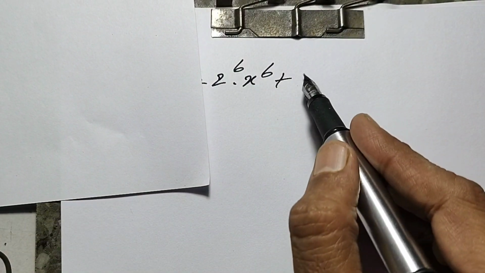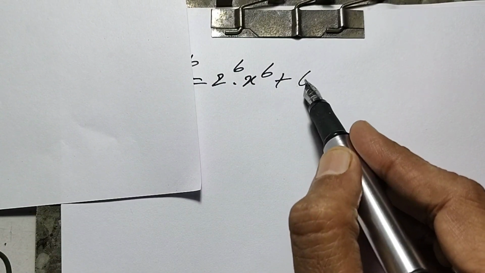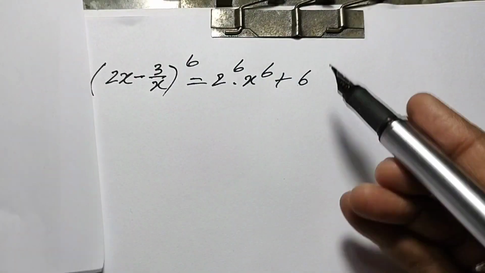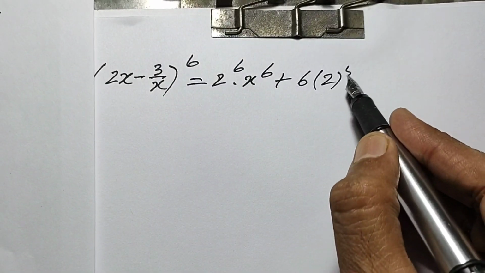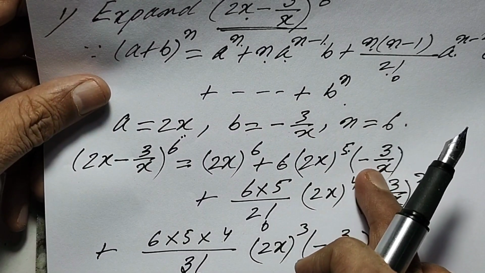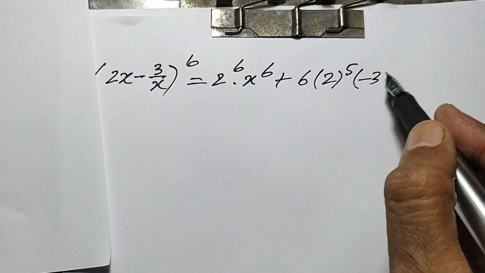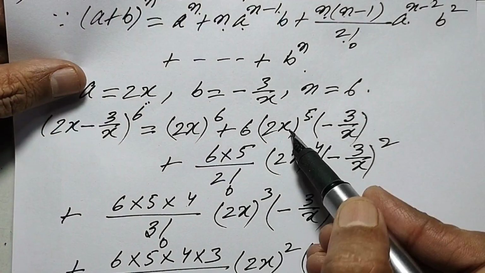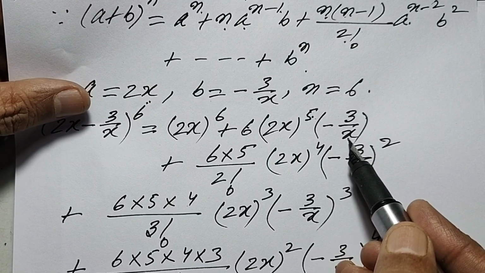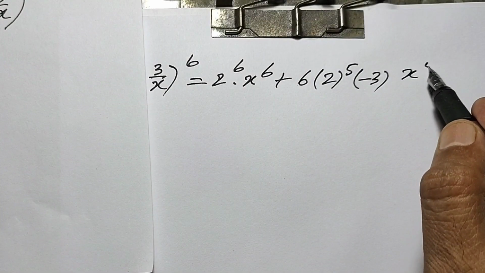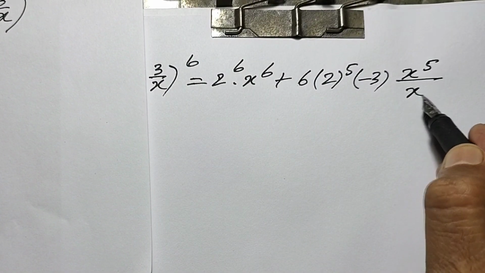So we write first the numerical coefficients like 6, 2 raised to the power 5 and minus 3, then x raised to the power 5 upon x.